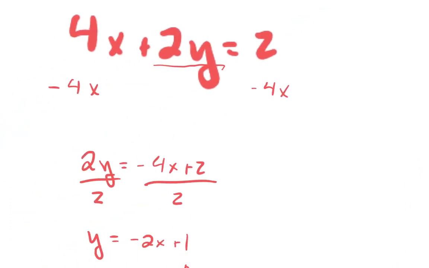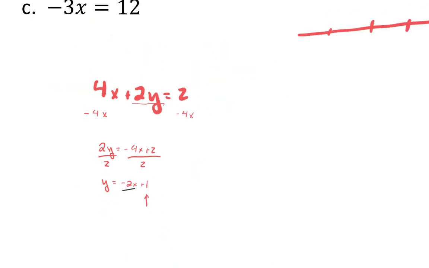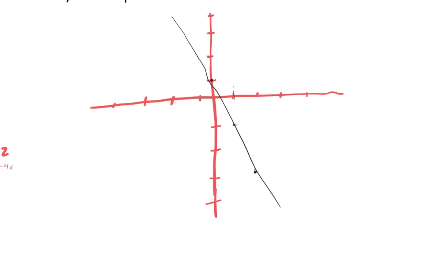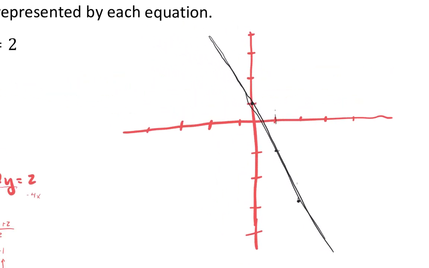We have a slope of negative 2. So for every 1 that we go over, we're going to go down 2. Over 1, down 2. And that now is going to give us a line that looks like this. Just like that. So here we go. That is what our line is going to kind of look like.